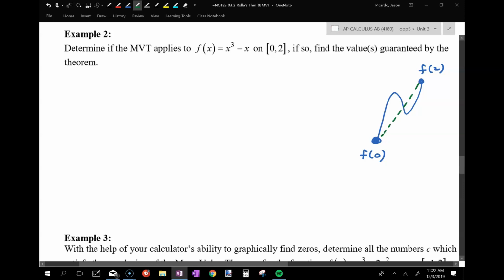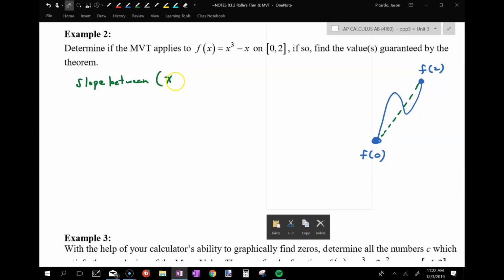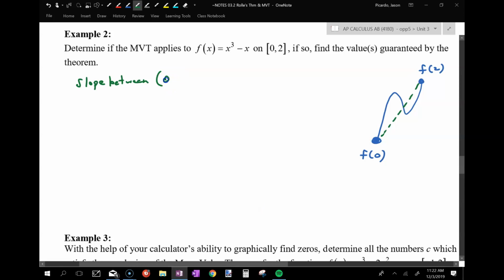Yes? All right, so I want to find the slope between the point 0, f of 0 and 2, f of 2.